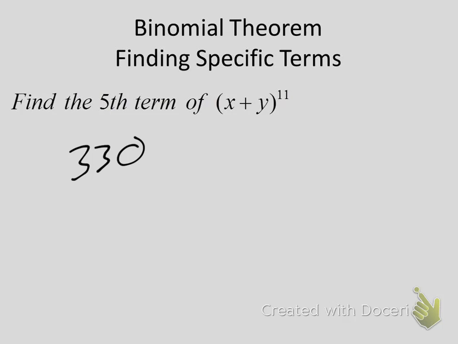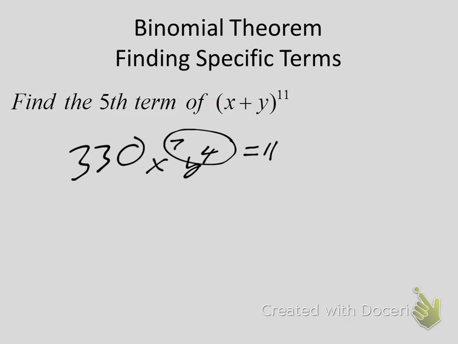Does that make sense to everybody? It's y to the fourth, because these two have to add to 11. Okay? So you take your exponent, you add 1 to it, because you have 12 terms.